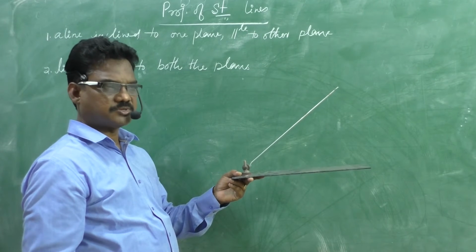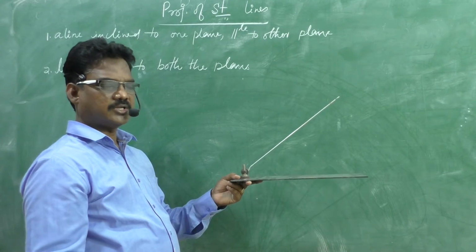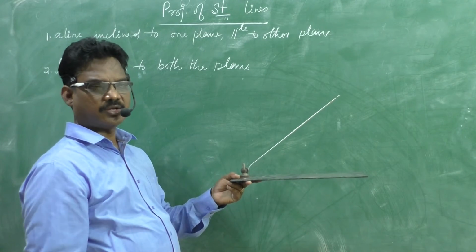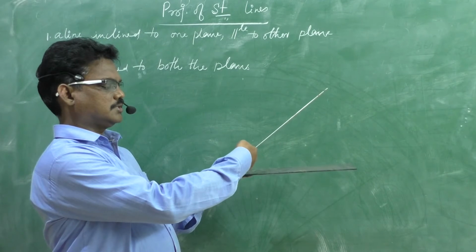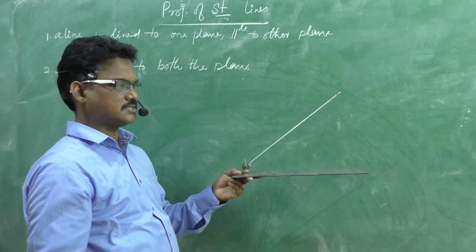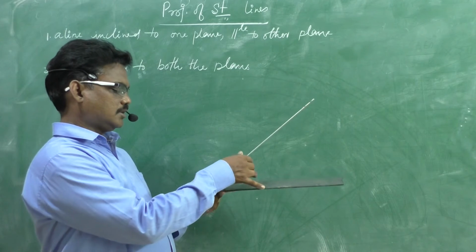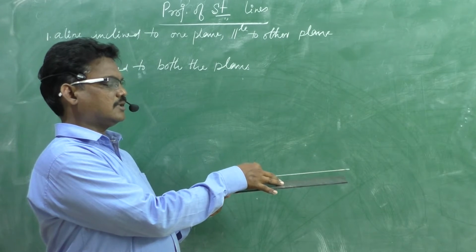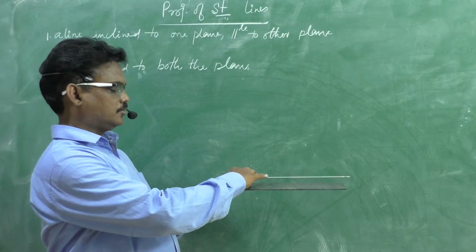If it is not specified, we can take it randomly, but in most cases it will be specified. After that, the inclination with HP we can consider as theta.